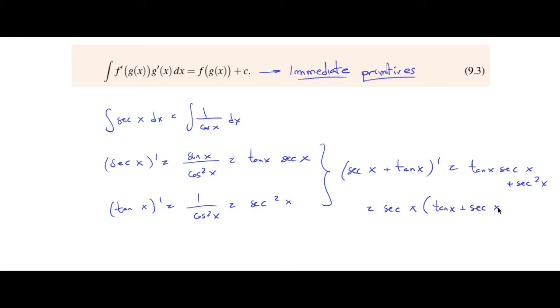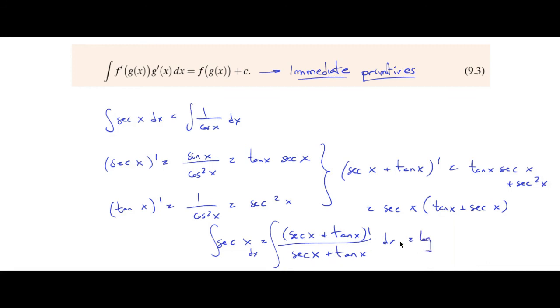But wait a minute, this and this are the same, so we can say that the secant of x is equal to the derivative of the secant plus the tangent, divided by the secant plus the tangent. Now if we compute the primitive of this, it is just the logarithm of the absolute value of this.